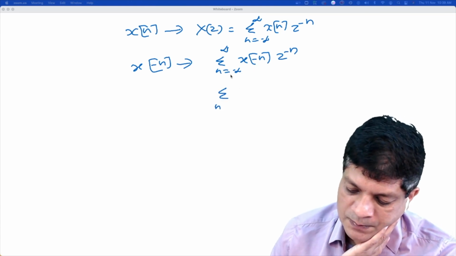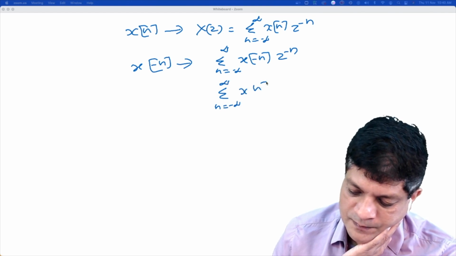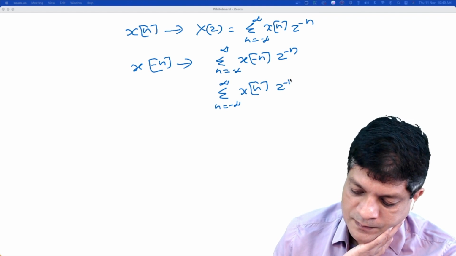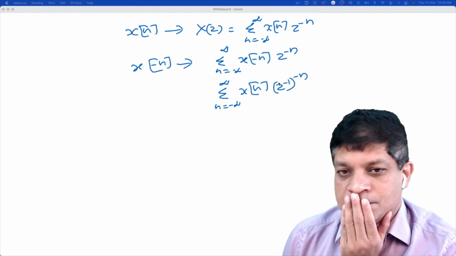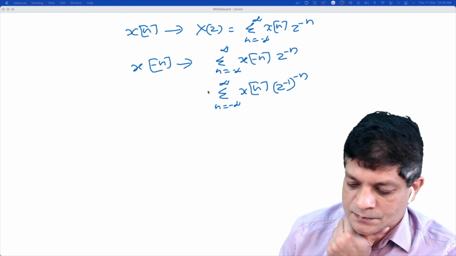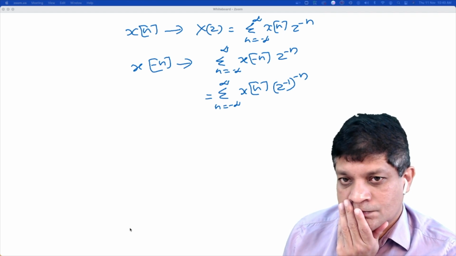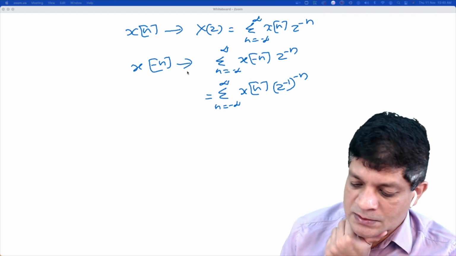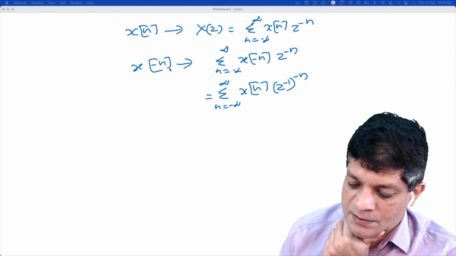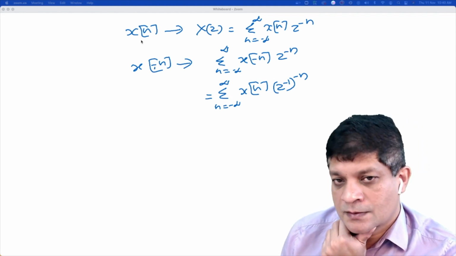And if you replace n with minus n, you will get, is it this? Now tell me what is the relation between the transform of x[minus n] and that of x[n].